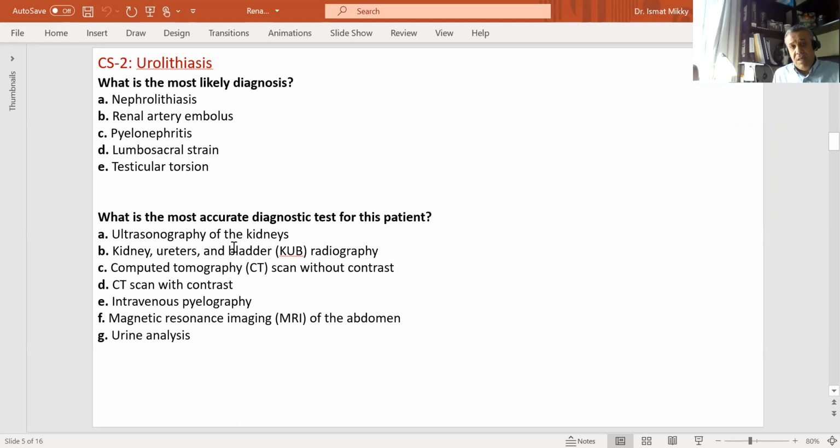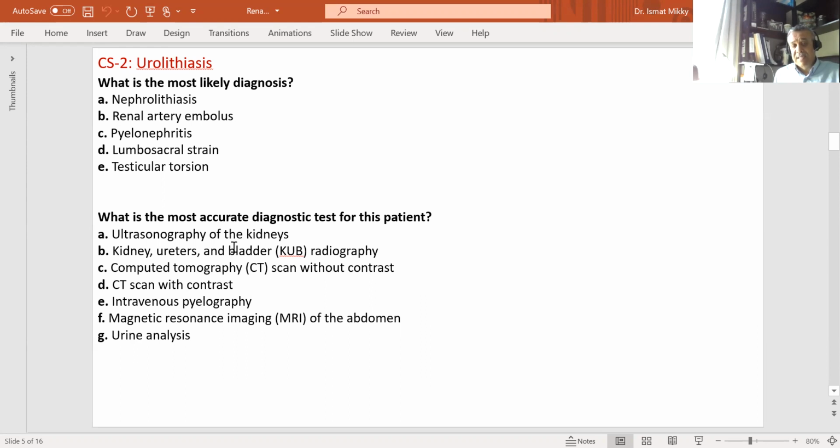The pyelonephritis: when the patient has developed pyelonephritis, there is CVA tenderness, which is costovertebral tenderness.